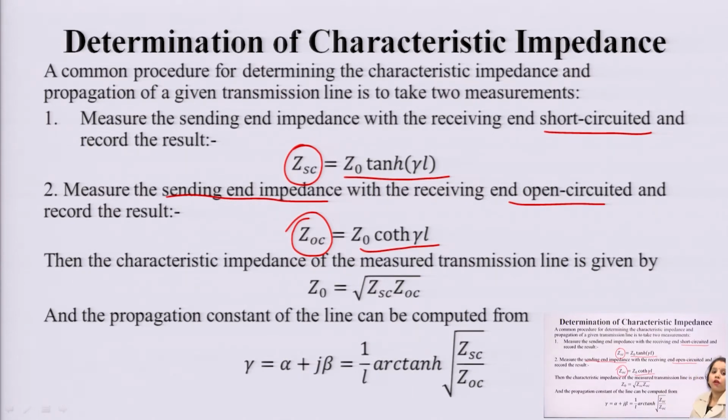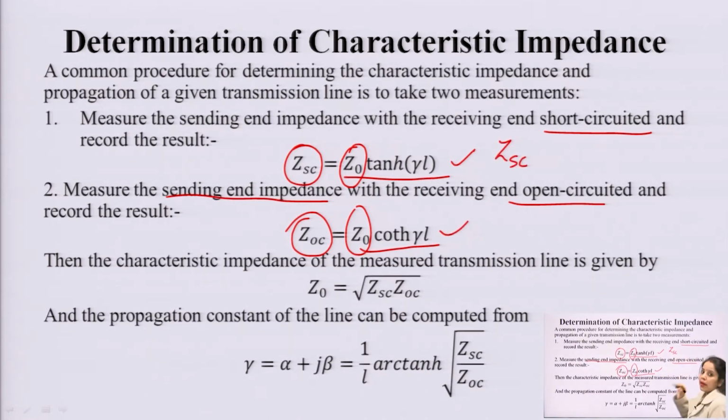gamma L, and we are already familiar that gamma is our propagation constant. Now we want to calculate the Z naught. So, now multiply this equation with this one, what are we getting?